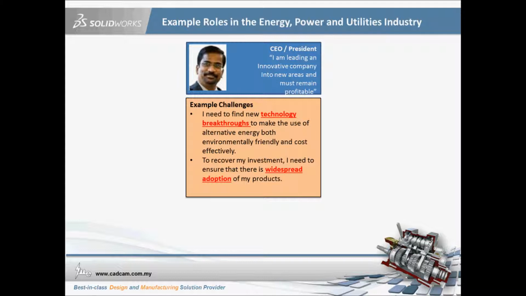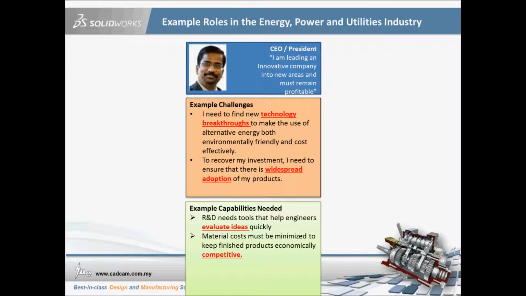At the same time, he needs to recover the investment and ensure widespread adoption of his products. Some of the capabilities he needs: R&D needs tools that help engineers evaluate ideas quickly, and material costs must be minimized to keep the finished product economically competitive.